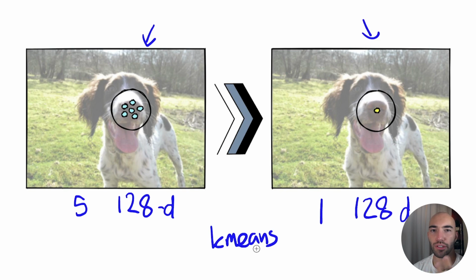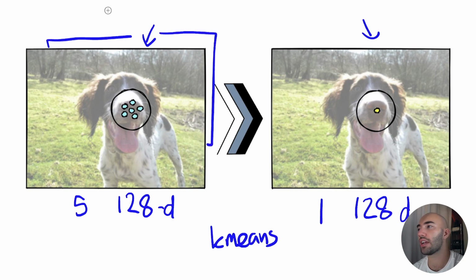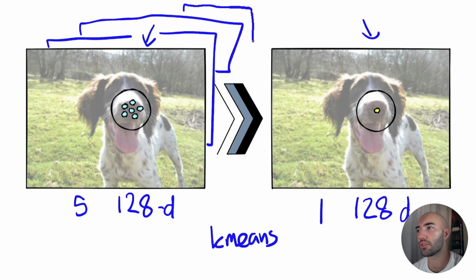Now, this does not just happen for a single image. We actually feed in all of our images from our, let's call it a training data set. So we'll have loads and loads of these images, not just one. It's a very, very bad drawing. But we have a dog's nose over here, and maybe we have another image of a dog over here, and he has a nose, obviously. So these centroids here are also going to be very similar to the centroids of this other dog's nose over here.